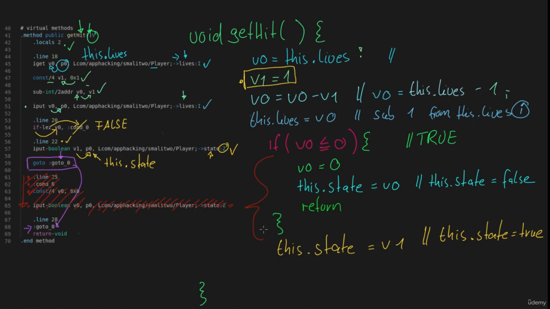So some rules we have to mention. We've got if-lez, less than or equal to 0, then we've got a condition afterwards, which is a label. If the statement is true, we jump to this label. In this case, it would be here. If the statement is false, we simply move on with our code until we reach this GOTO. It doesn't have to be a GOTO. For example, we could also leave the function right now and there might be no GOTO in there.